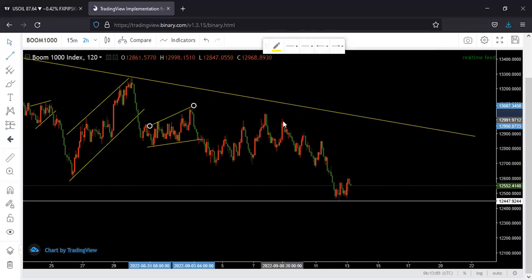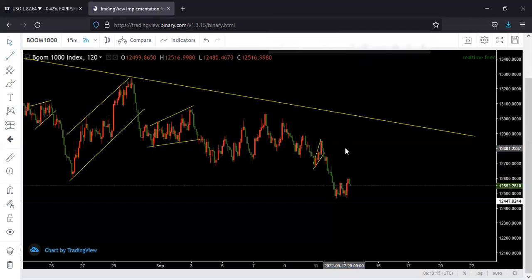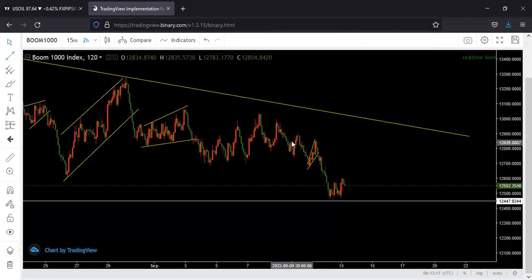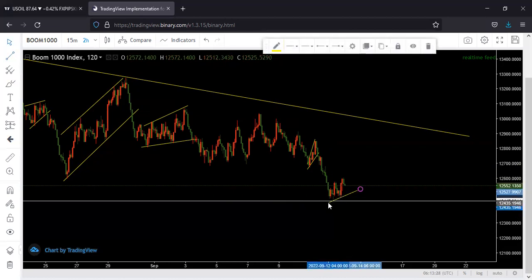Remember, after this impulsive move, we had this correction, impulsive, then a correction here. It was smaller, but I hope you can see it. It was impulsive, correction. Then what are we expecting here? We know that the market always looks the same as the previous price action, right?